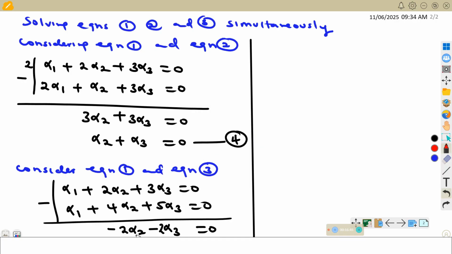So let us simply divide through by negative 2, and this will give us alpha 2 plus alpha 3, which is also equal to 0, and this will be equation number 5.